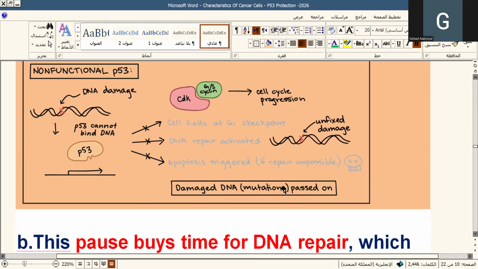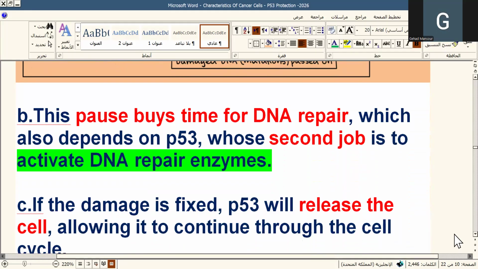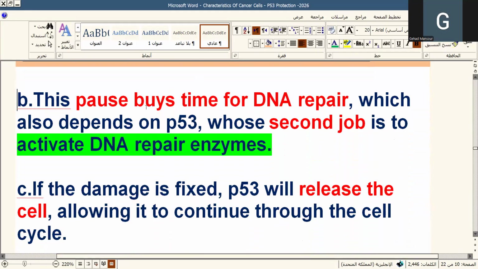And the mutant cell is allowed to continue and progress in the cell cycle, and therefore it is allowed to transfer its mutant DNA to its daughter cells. So again, the pause in the cell cycle buys time for DNA repair. And this is the function of P53.